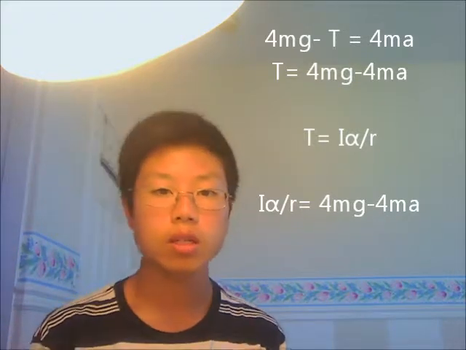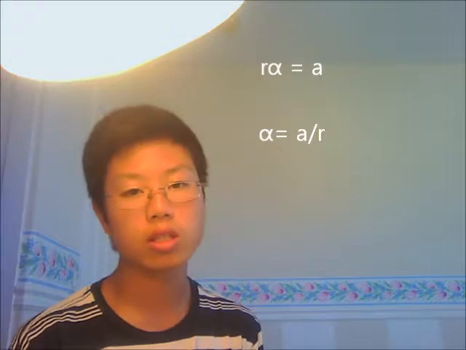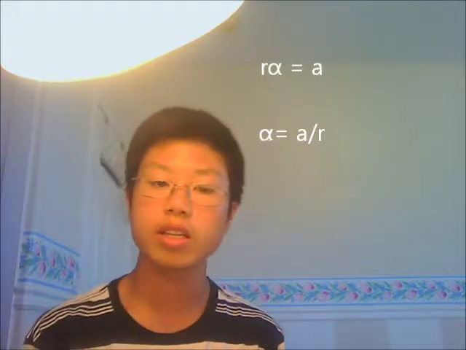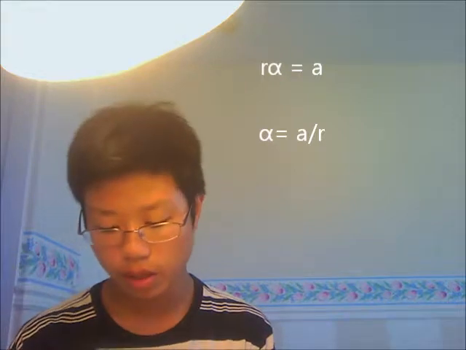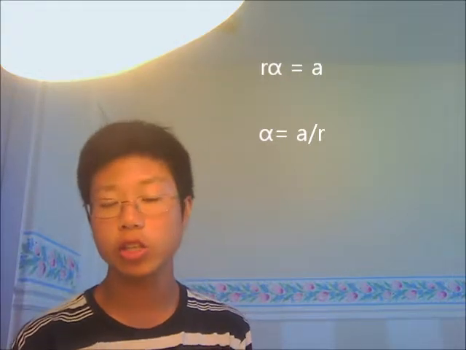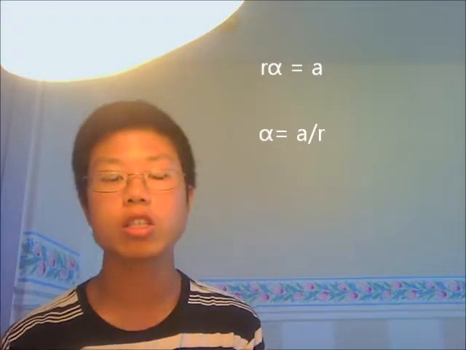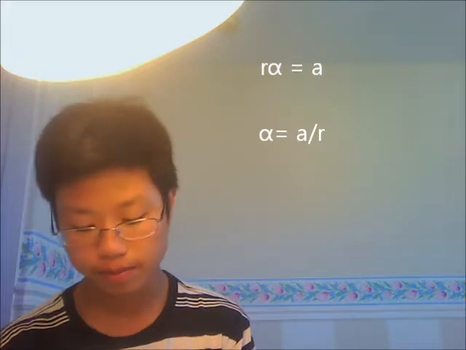We also know that angular acceleration times the radius is equal to the linear acceleration. If we rearrange this equation, we can see that the angular acceleration is equivalent to the linear acceleration divided by r. We can also plug in the moment of inertia we found from part A, which is 2mL squared.